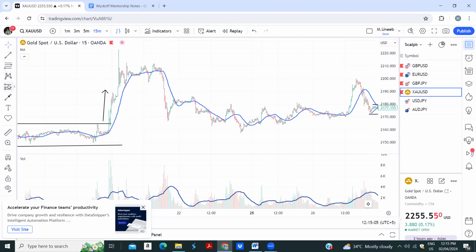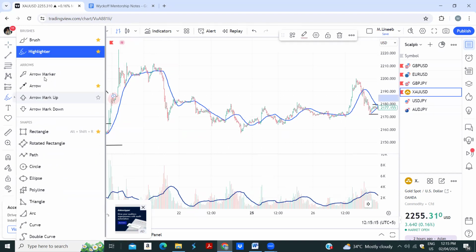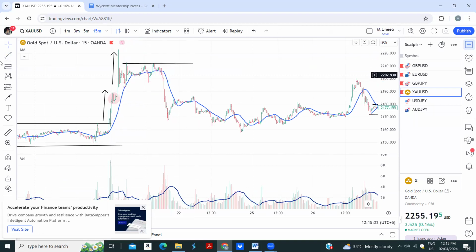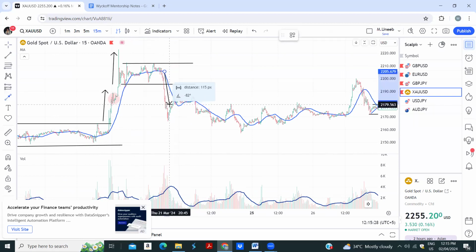After markup, this area is reaccumulation. And after reaccumulation, we again have a markup. And after markup, we have distribution. After distribution, we have markdown.